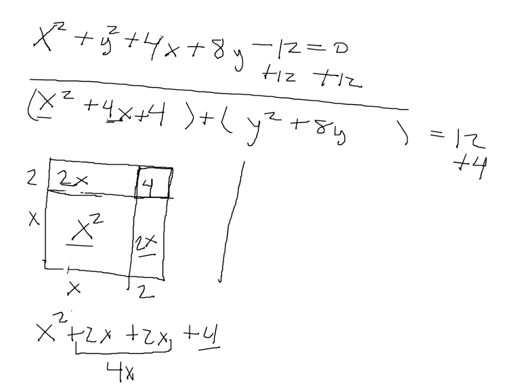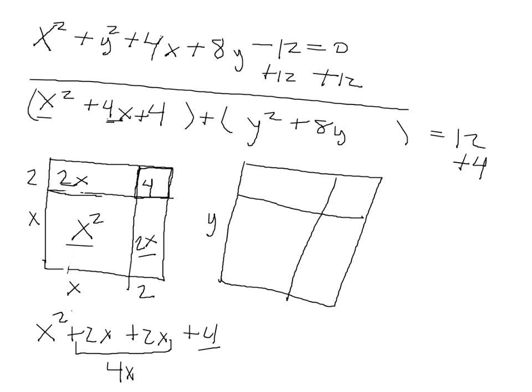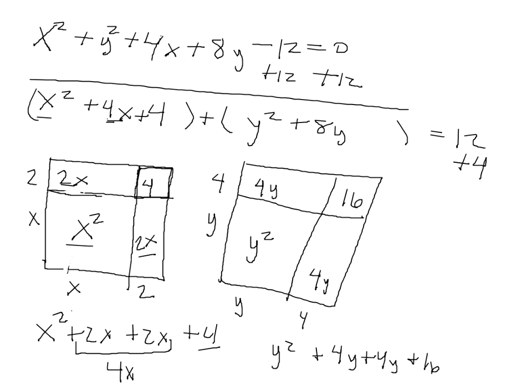Now I'm going to complete the square for the y. So it's y, half of the 8 goes here, and the other half goes here. And now I calculate the area. So the area is y times y, 4 times y, 4 times y, and then this is 4 times 4. So look at what I have: y squared, 4y, and 16.